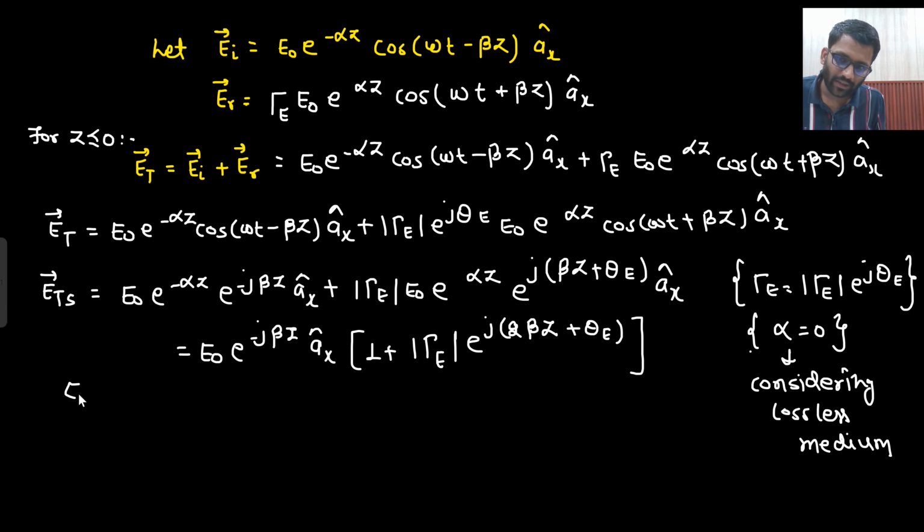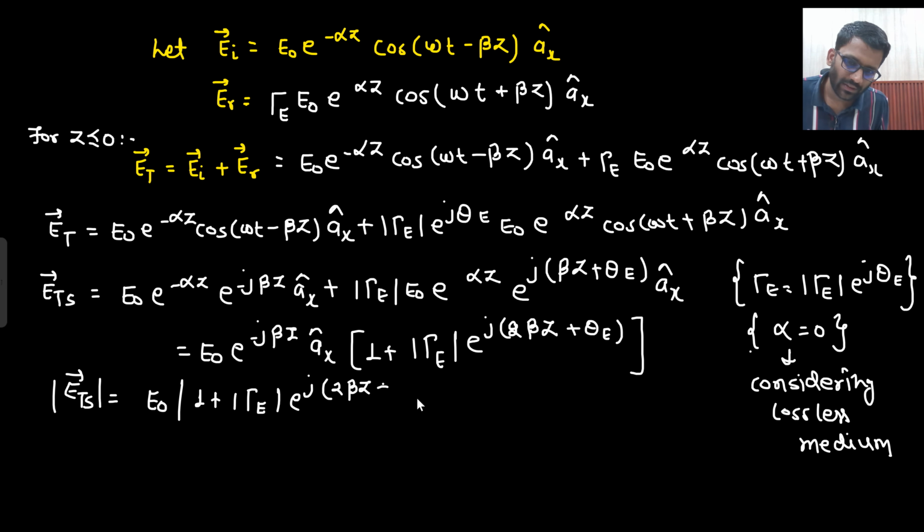Now if I calculate the magnitude, what I am getting is E naught times the magnitude of 1 plus gamma e to the power j(2 beta z plus theta r). Again I am telling, we do not need to mug up any formula.